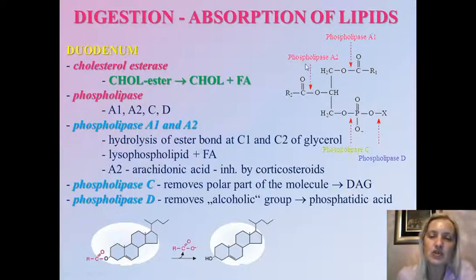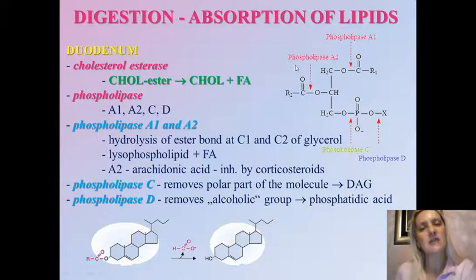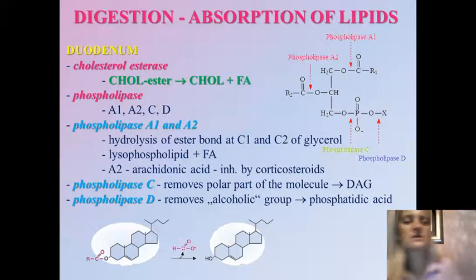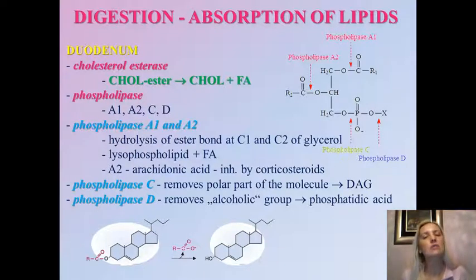Phospholipase A2 is interesting because at position number 2 of phospholipids, usually arachidonic acid is found. So arachidonic acid, I've already mentioned, is involved in the biosynthesis of prostaglandins, and it's responsible for the adequate immune response of our body.